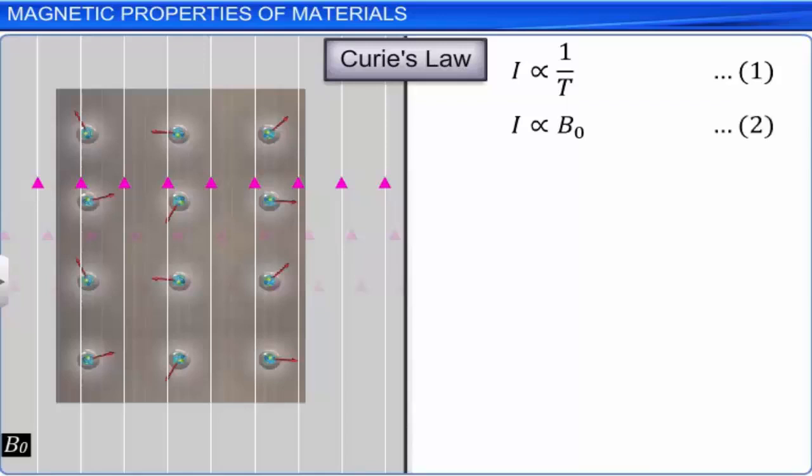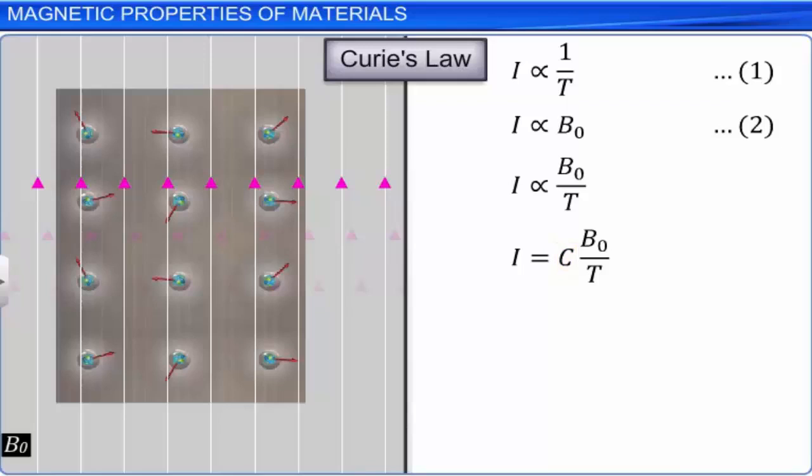By combining equations 1 and 2, we get I is proportional to B0 by T. This equation can be written as I = C B0/T, where C is the proportionality constant. Let this be equation 3.